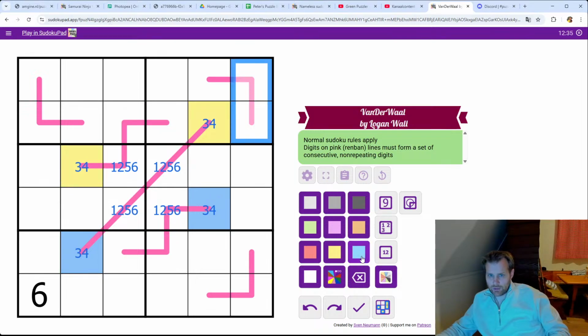This one must have... Huh? What? This one must have a blue on it. But then this must have a yellow in it. And okay, what is my logic error?